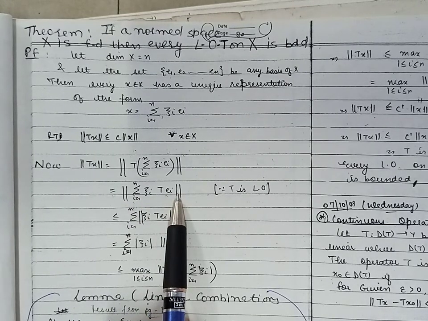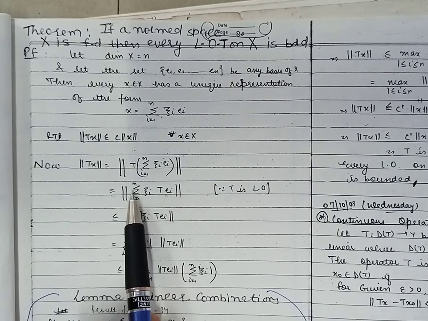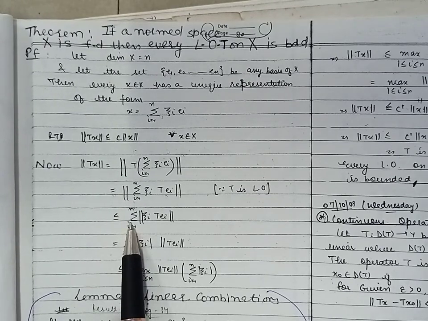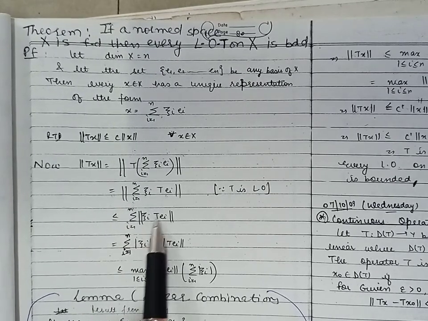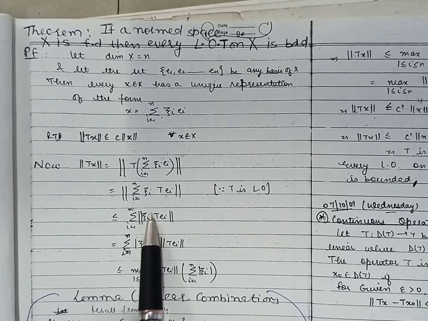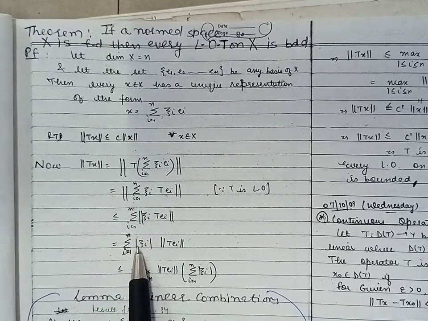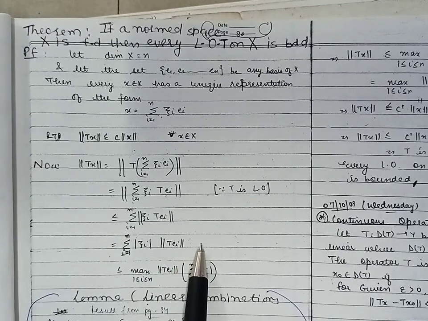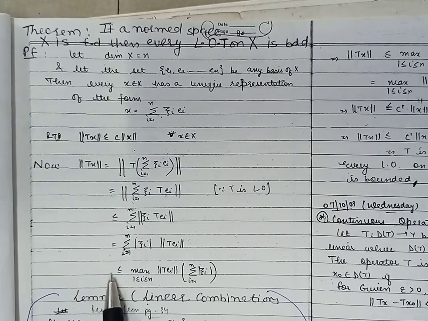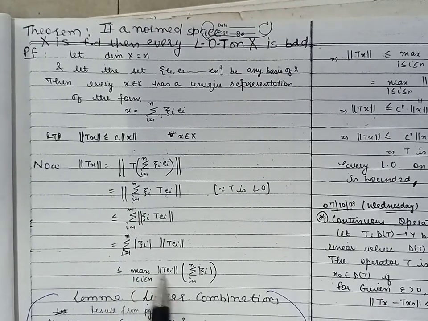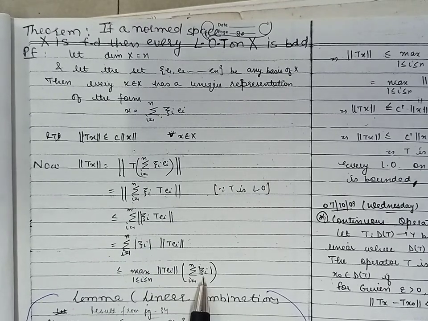Now we can use the triangle inequality in norms, so this will be less than or equal to the summation of the norm of xi_i T of e_i. By the absolute homogeneity property of norms, this is equal to mod of xi_i into the norm of T of e_i. So finally, the norm of T of x is less than or equal to the maximum of the norm of T of e_i into the summation of mod of xi_i.